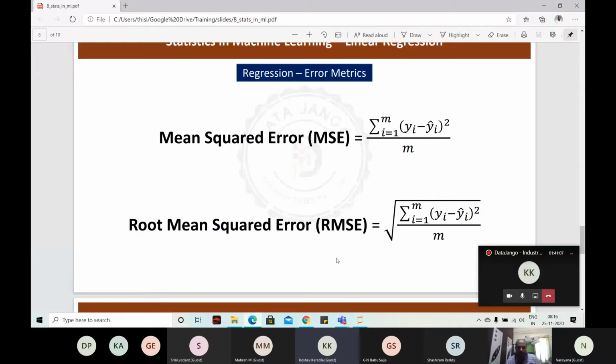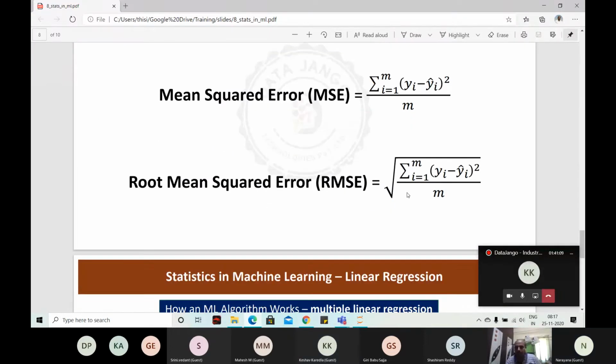So if you look at this RMSE score, does it look like the standard deviation formula? Yes. Instead of y bar, we have y cap here. So what are we doing here?